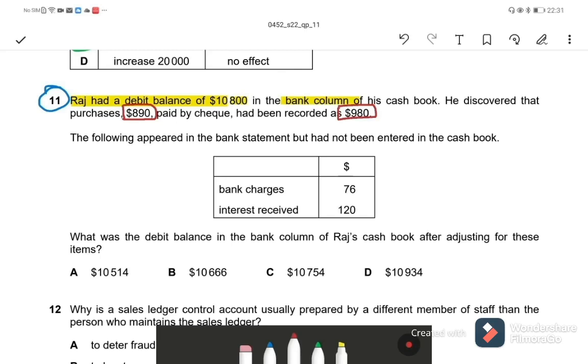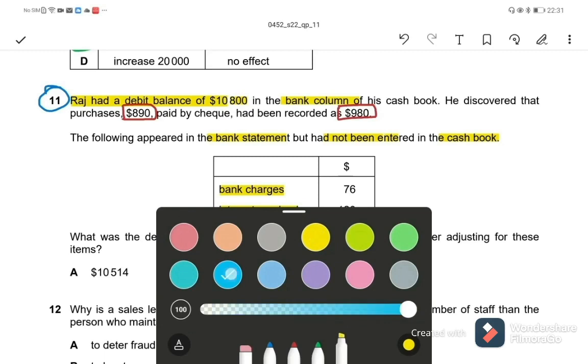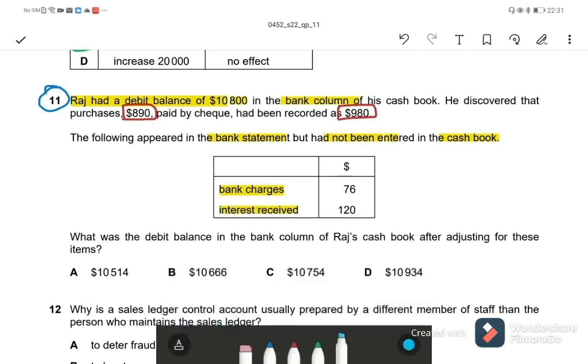The following appeared in the bank statement. They are given in the bank statement but had not been entered in cash book. Bank charges, interest received, they are not entered in the cash book, and one error also there. What is the question? The question asks, what was the debit balance in the bank column of Raj's cash book after adjusting for these items?